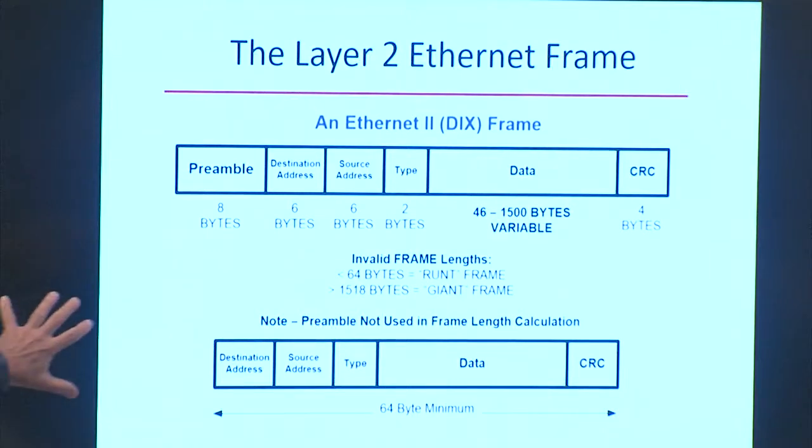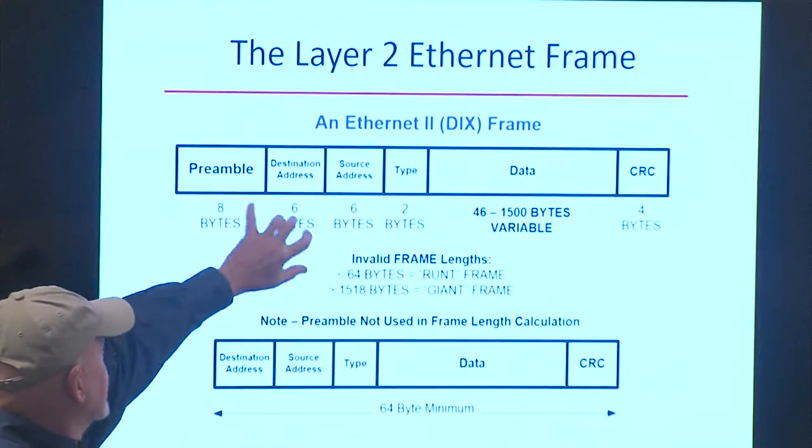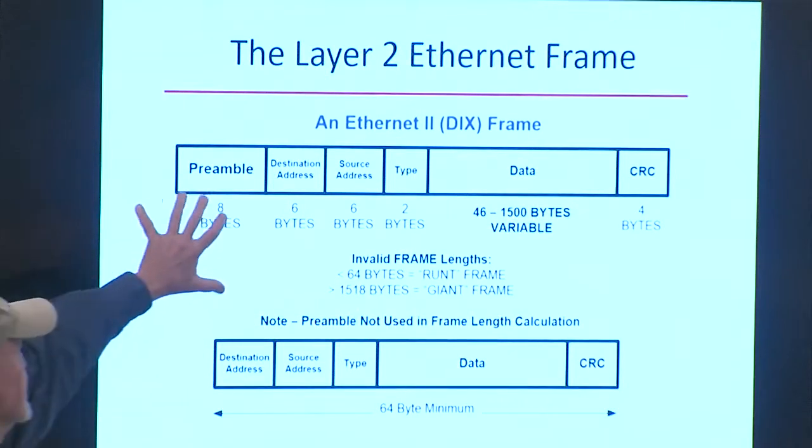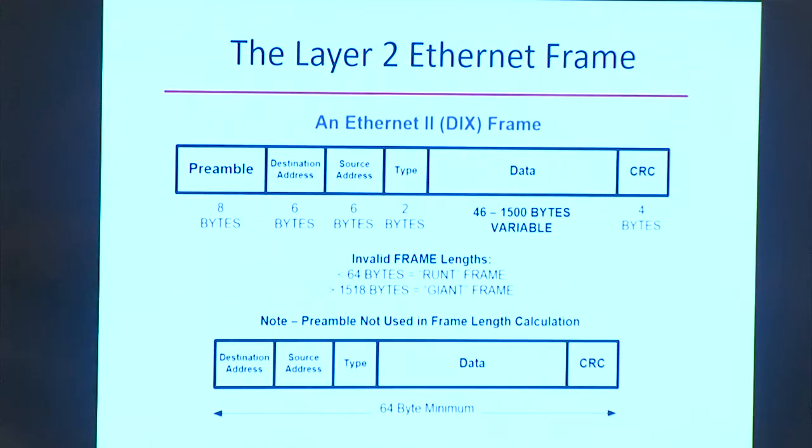And then, of course, we have some other fields. We'll talk about a couple of these that, again, is part of that overall header information. Because of the minimum and maximum size, if we take the minimum and maximum of the payload and add the header information, we define a minimum and maximum size that an Ethernet frame can be, right?